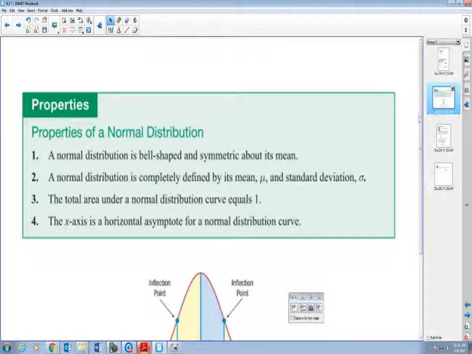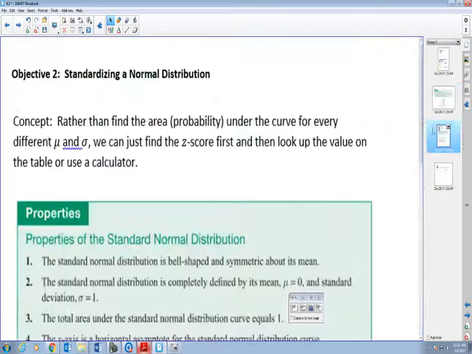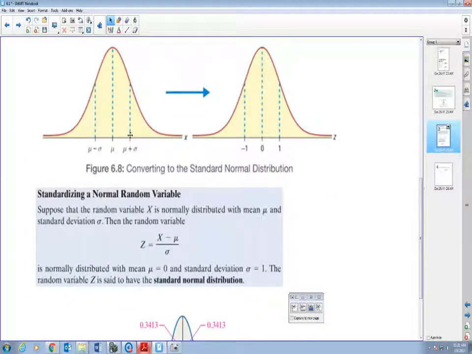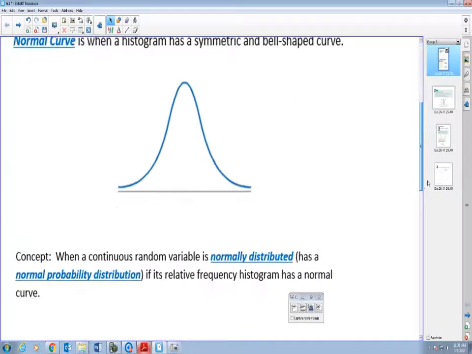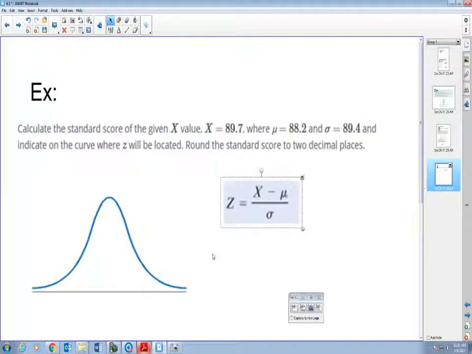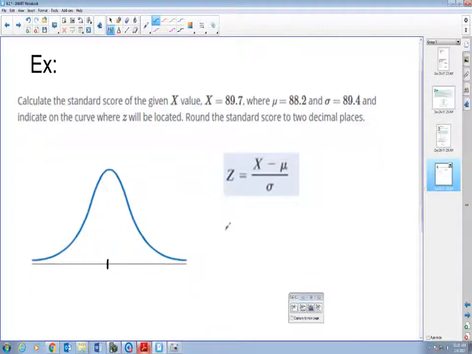normally the mean, let me see where that picture is, right here. Okay, so normally the mean is right here in the middle, right, which is 88.2.